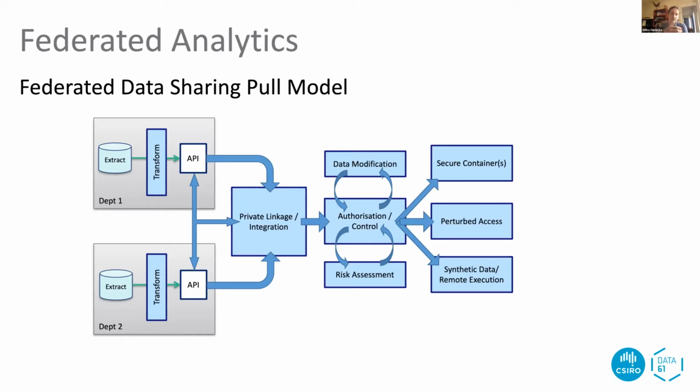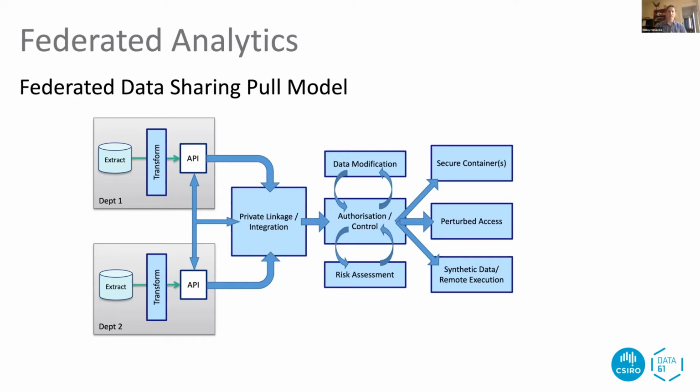There are three different planes. The first one is the user access plane, where you have to think about how much trust you have in those users, and you might want to present your data in different ways. We've got different offerings in that space. You could have secure environments where they're allowed to look at your data, or you perturb the data in a way so that it's private. Or you could create synthetic views of your data that have only some properties of the original data but don't contain any private information anymore.